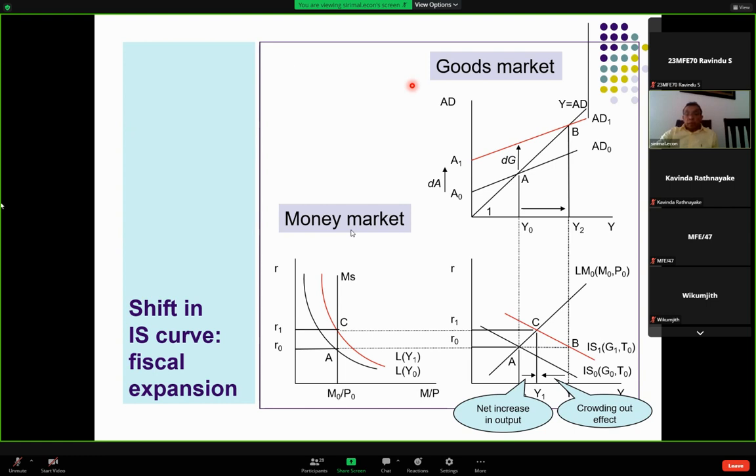Because now we are using this IS line, if you are changing its slope, you have to start changing the original one also. So suppose that original one is like this. So what will be the new one? New one will be like this. Sorry, I have to start somewhere here.